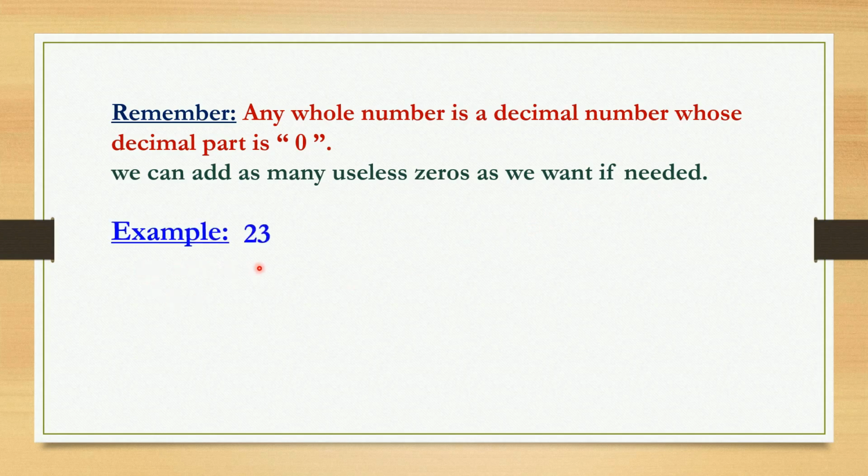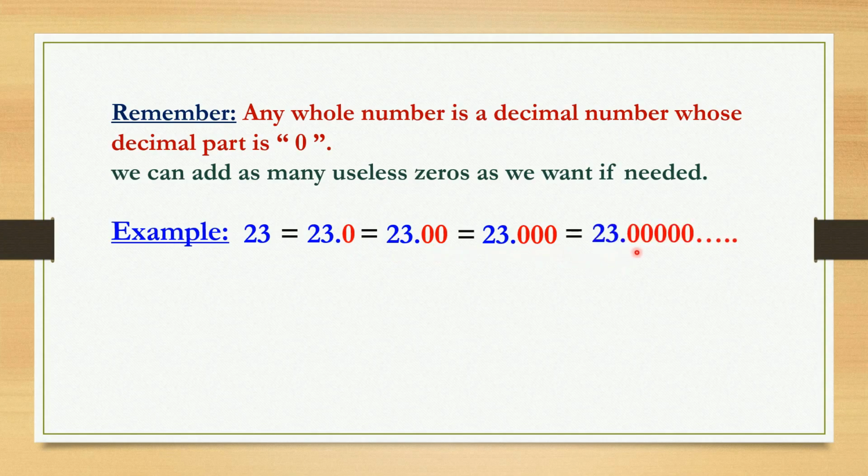Example, 23 is a whole number. It's equal to 23.0. A whole number has 0 as decimal part. Equals 23.00 equals 23.000. We can add as many useless zeros as we want.